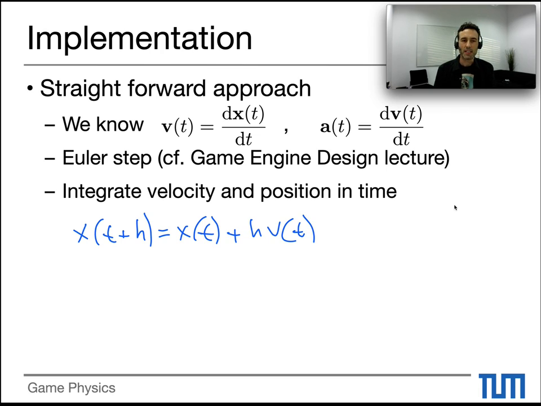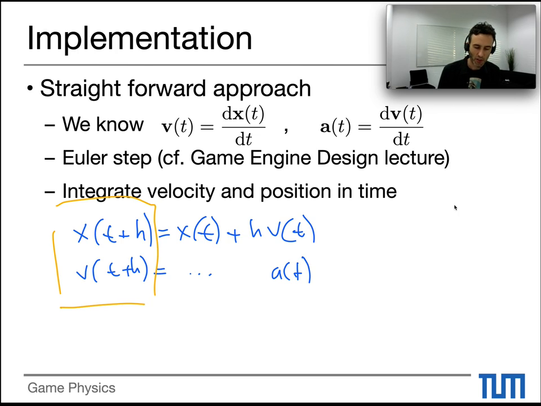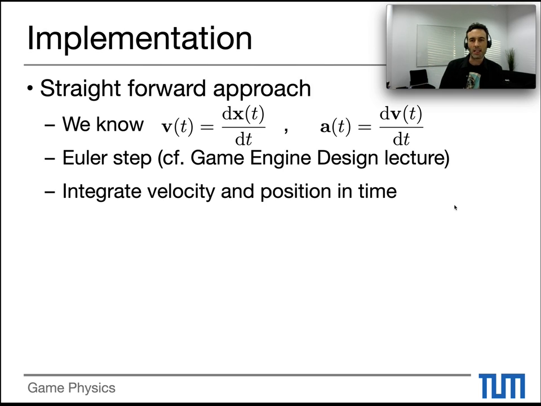Right, that gives me the new position, and then for the velocity I can do a similar Euler step now with the acceleration at time t. And in this way, I now have two new quantities for a new time step. That's my new state, and then I can repeat that. So that's a very simple process that we can more or less out of the box compute.